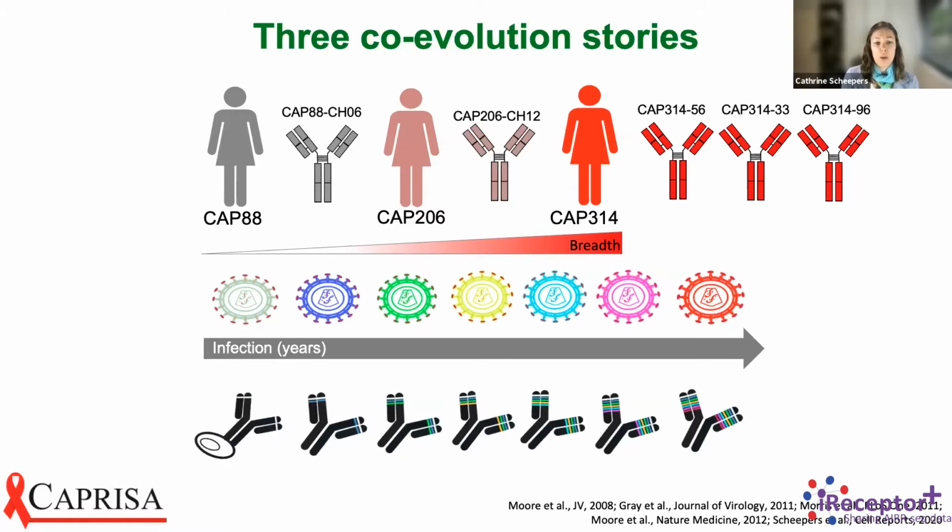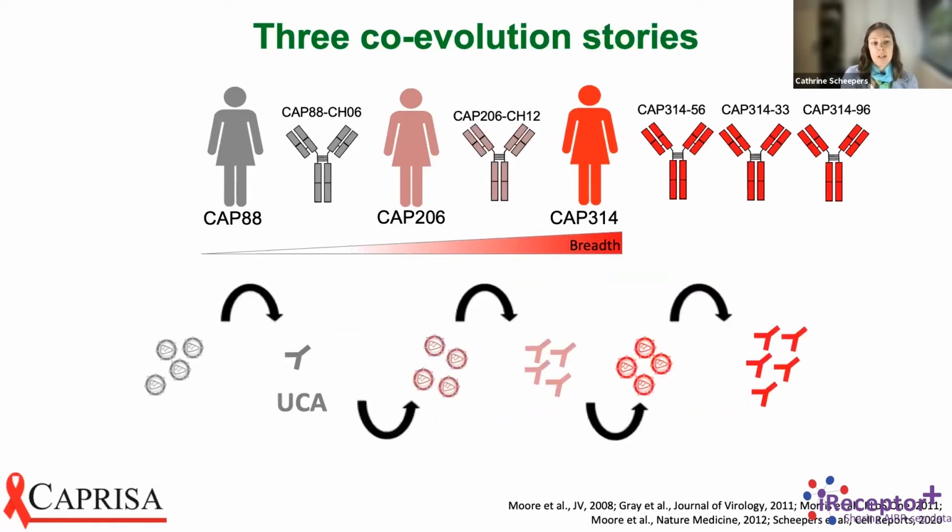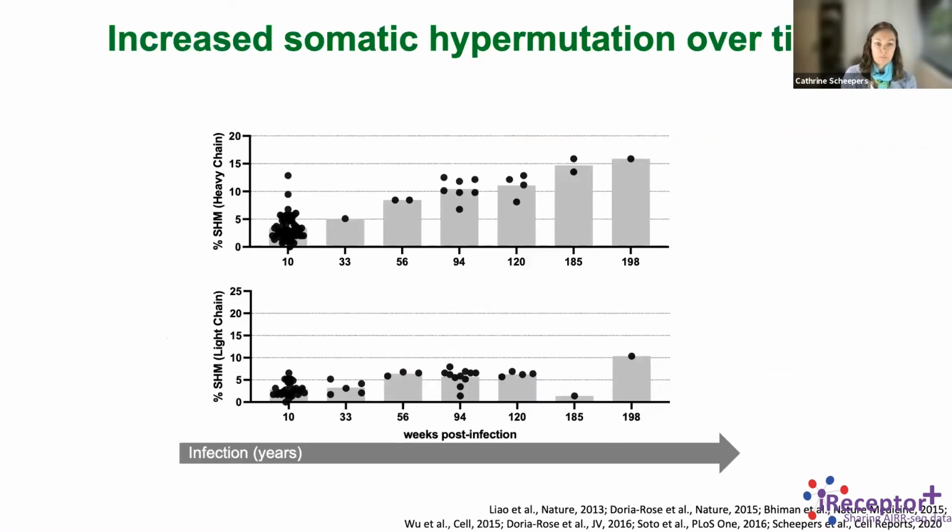So we design primers specifically for their germline antibodies. And then we use the information between the viruses and the antibody to try and understand what the coevolutionary pathway was within these donors.